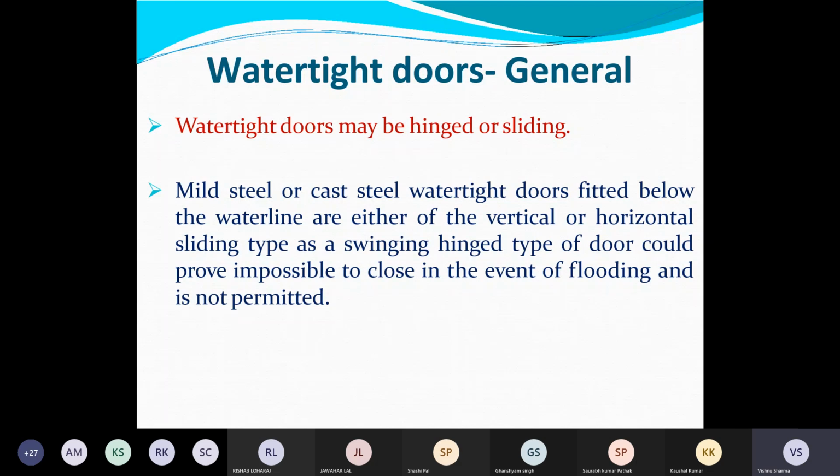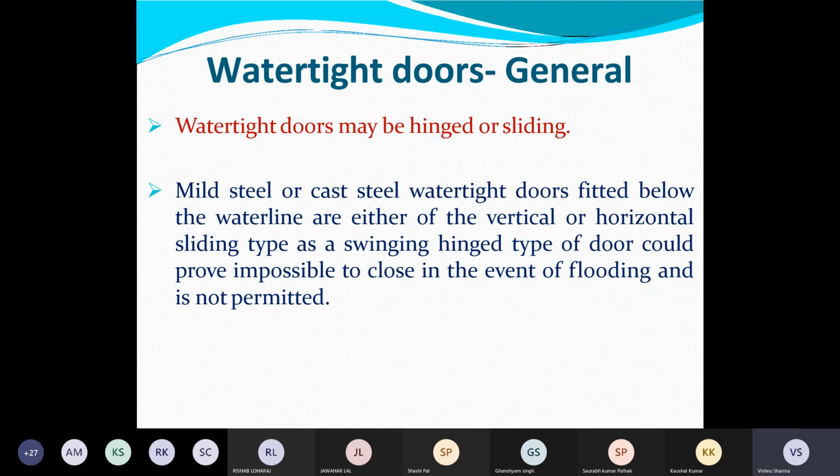deepest subdivision water line. What I am trying to say is that when you talk about the deepest draft water line, you are not allowed to fit a hinge door below that, because that hinge door would obviously be opening inwards.